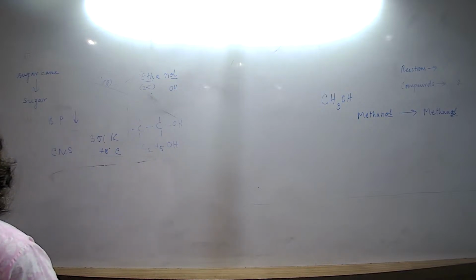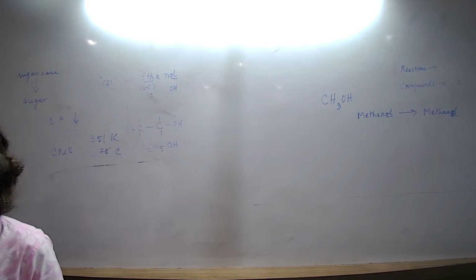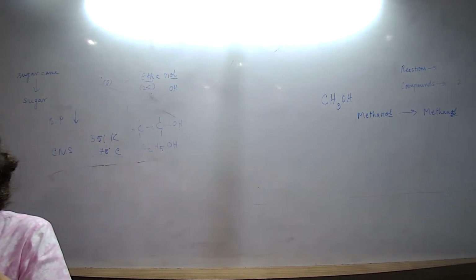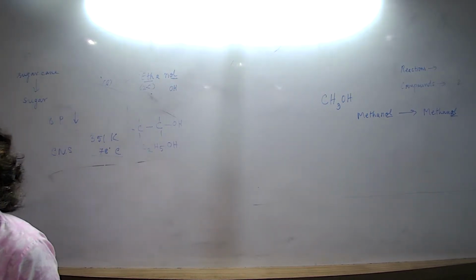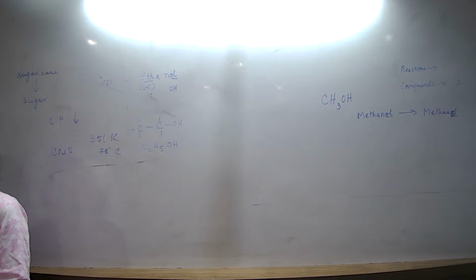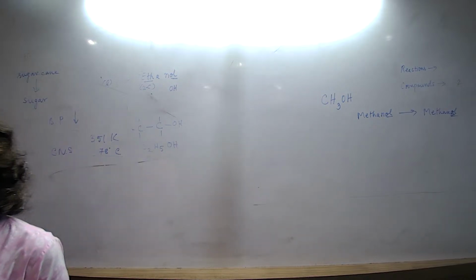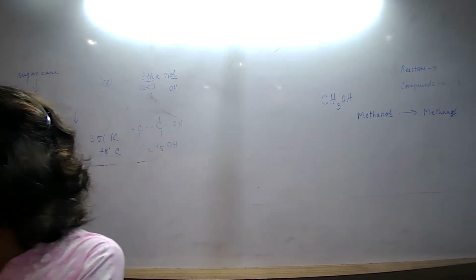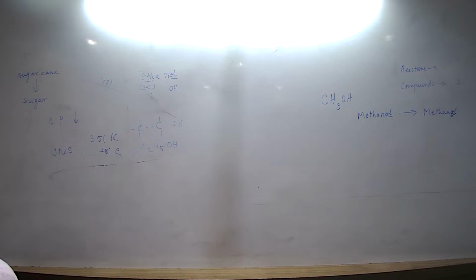cough syrups. Suppose a person gets wounded, then they clean it with iodine solution. So that is called tincture of iodine. No, it's not Dettol. It's tincture of iodine, something brown in color. Next one, betadine, which you use as a mouthwash or for gargling, a dark brown.